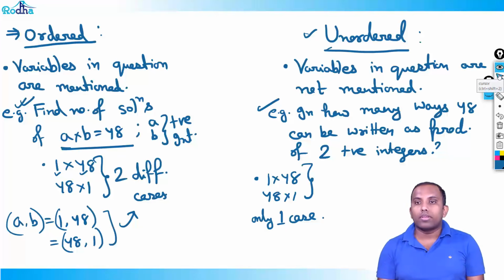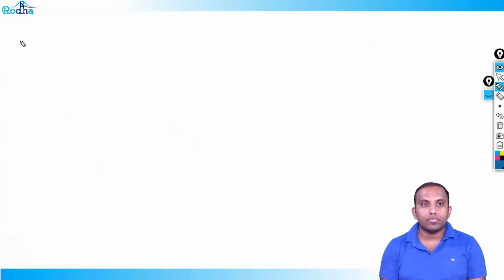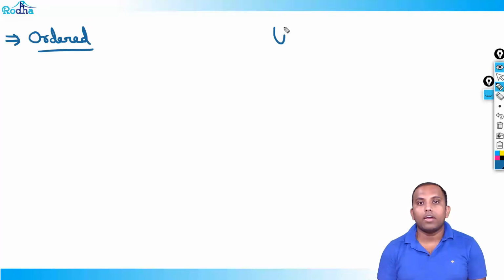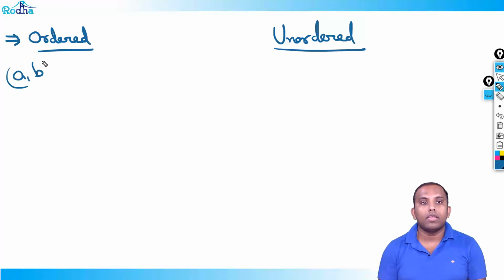For example, in ordered, a comma b and b comma a are treated as two different solutions.